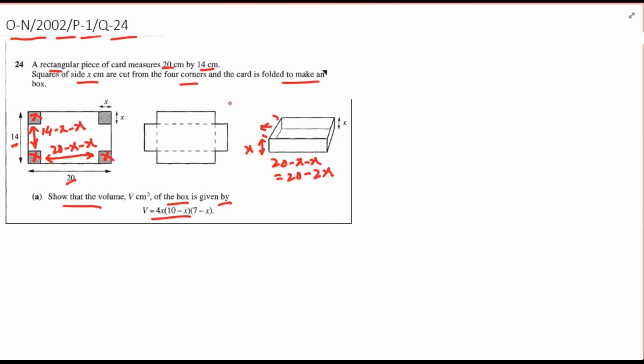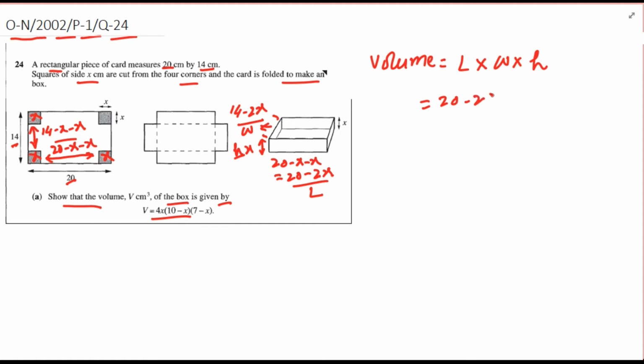Its width is equal to 14 minus 2x. So volume is equal to length L multiplied by width W multiplied by height h. This is equal to 20 minus 2x bracket 14 minus 2x multiplied by x.